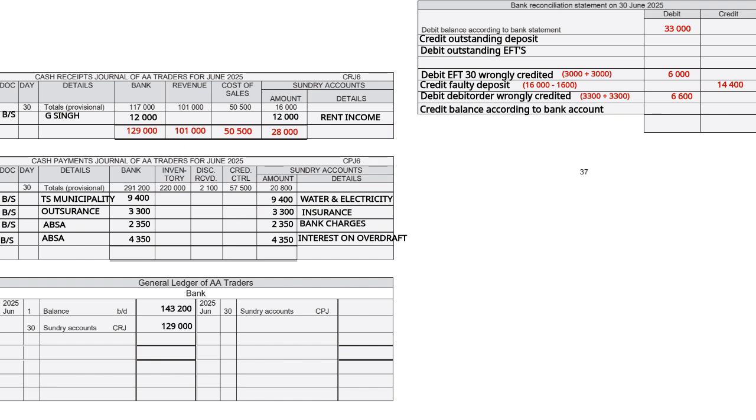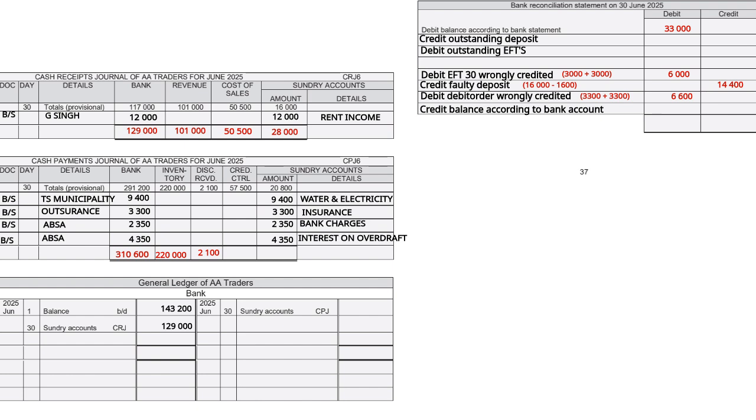Now let's go total up our cash payments journal. If we add up our bank account for our cash payments journal, we get 310,600 Rand. Our inventory stayed 220,000. Our discount received stayed 2,100.